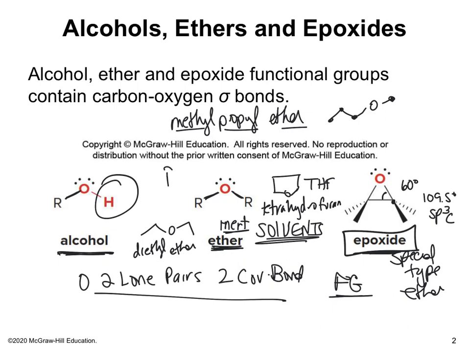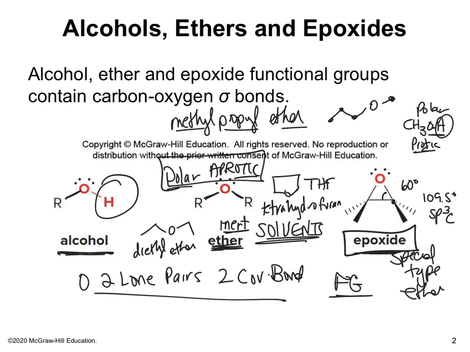And these would be slightly, weakly polar, but they're also aprotic because they're not like methanol, which has a hydrogen bonded to the oxygen. So that would be protic because it can do hydrogen bonding. Your ethers are going to be polar aprotic. So those are great solvents for SN2 reactions, correct?